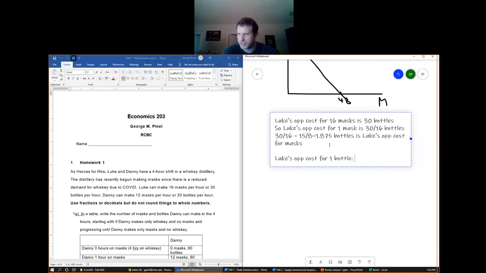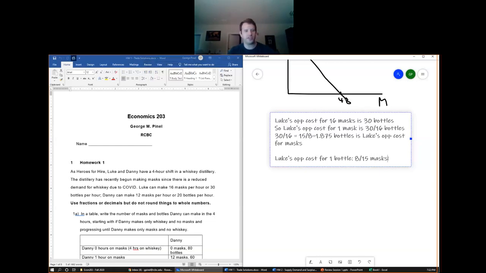It should be in terms of masks, first of all, and it should be the reciprocal, 8 over 15 masks. You could do it the long way. You could say for 30 bottles, he's giving up 16 masks, so his opportunity cost should be 16 divided by 30, which reduces to 8 over 15. Or you could just say it's the reciprocal. 15 divided by 8 should be flipped around, so it's 8 over 15. Okay.